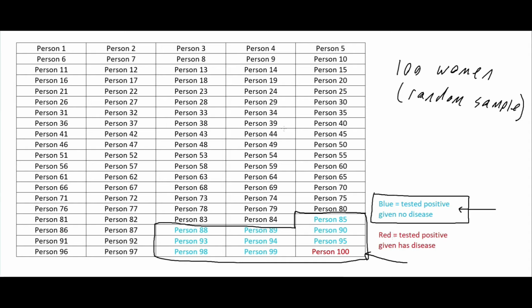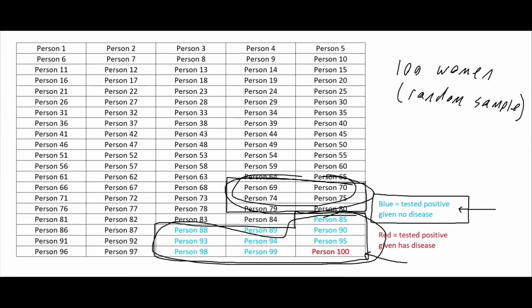Out of 100 people here, we would still have 9 who get a false positive, which would be this right here. And we take these people who have the false positive and divide by the total number of people, all these plus all these, who got the test and tested positive.